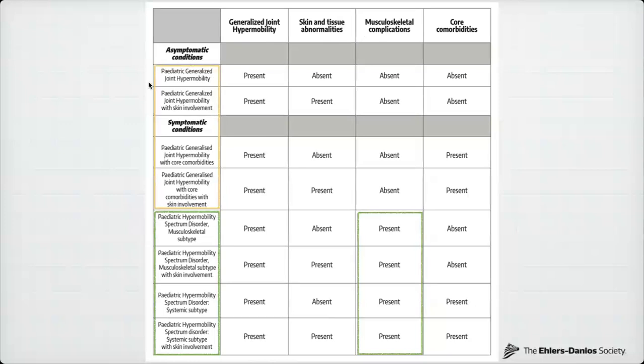So in the yellow brackets, again, we have one diagnostic category called pediatric generalized joint hypermobility. And again, you add on if it's with skin involvement, with comorbidities, or with both comorbidities and skin involvement. And in the green section here, you can see that all of these present with musculoskeletal complications.